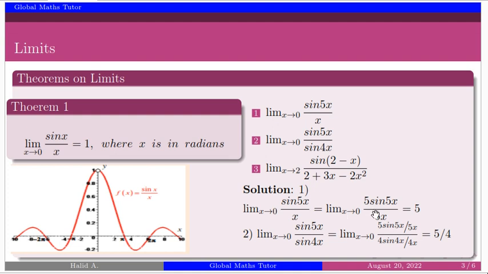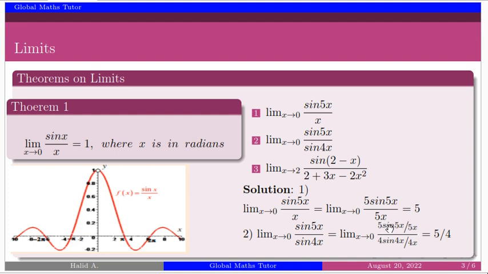But if we multiply both numerator and denominator by 5, for example, as we did before in example 1, it will look like 5 sine 5x over 5x. So this 5 is cancelled by this 5, and here 4 can be cancelled by 4. So this is the same as these limits.